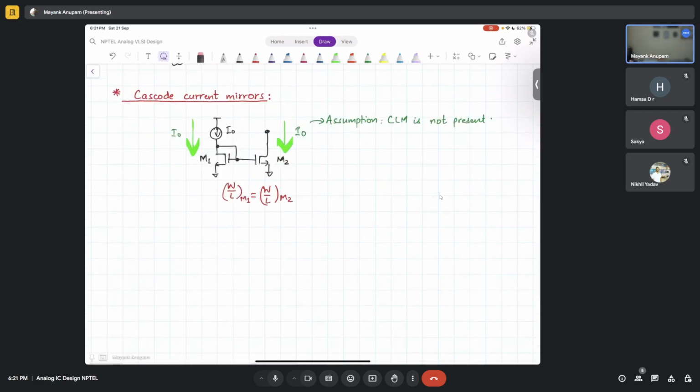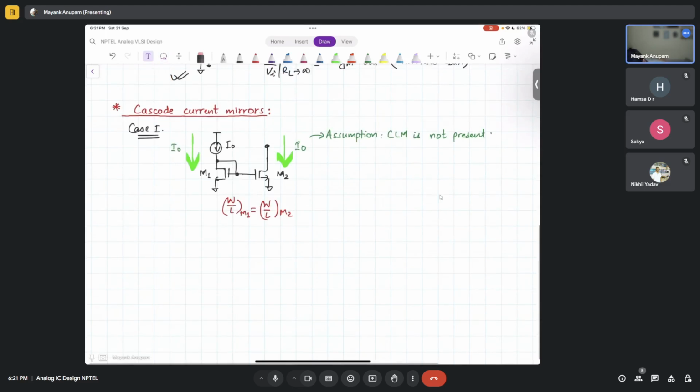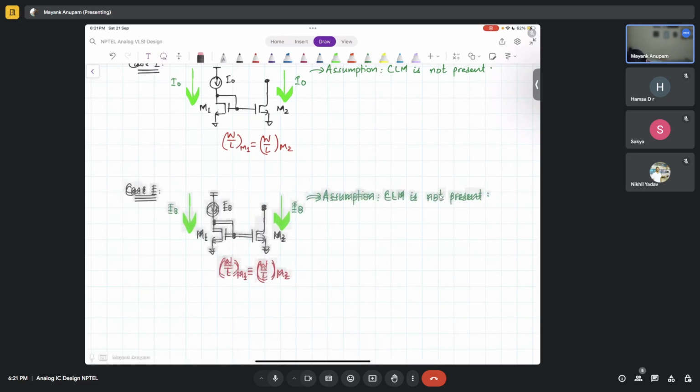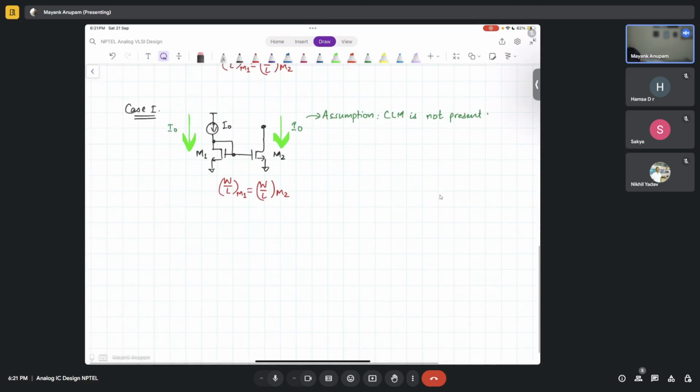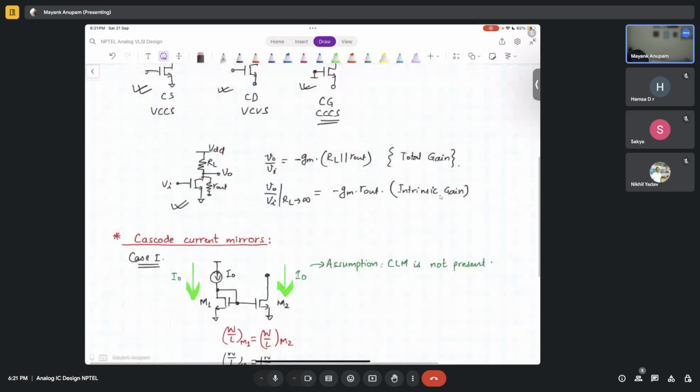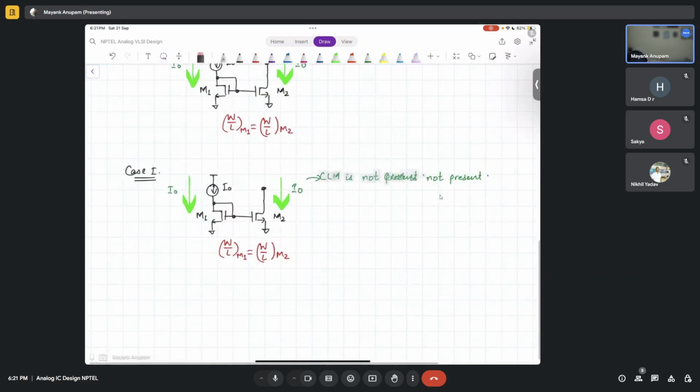Now let's assume that CLM is indeed present. What happens? This was case 1. Now let's talk about case 2, where the CLM is indeed present.